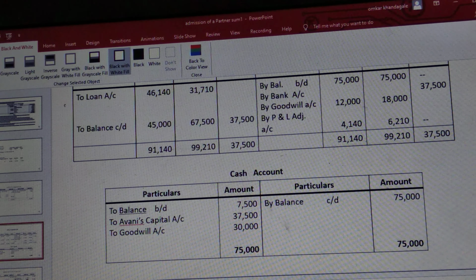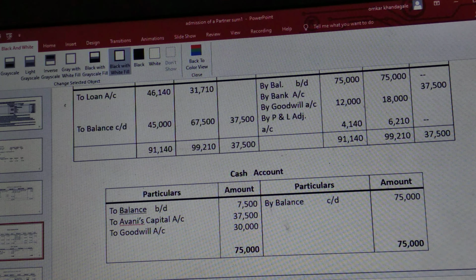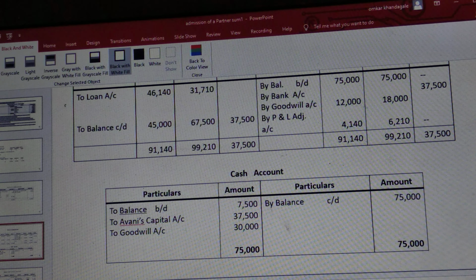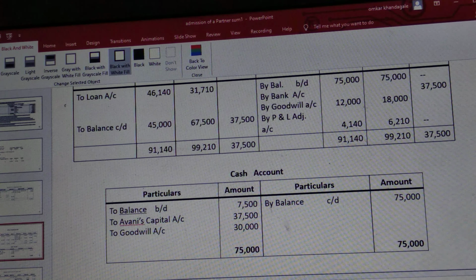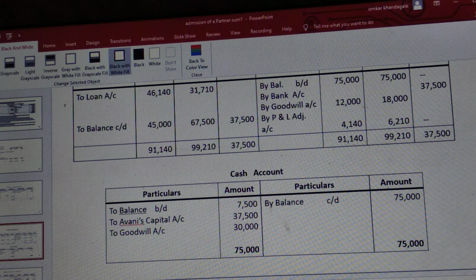Okay. So the debit side total comes to 75,000. Nothing is mentioned, so to balance carried down 75,000. Now I have completed the cash account also. Even though it is not asked, I have prepared it to show you how the new cash balance comes to 75,000 in the new balance sheet.